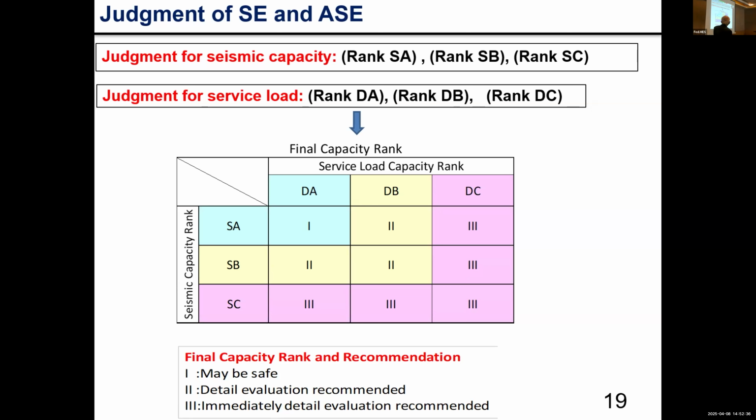If the building is in zone 1, it may be safe. If it is in zone 2, detailed evaluation is recommended. And if it is in zone 3, detailed evaluation should be done immediately.